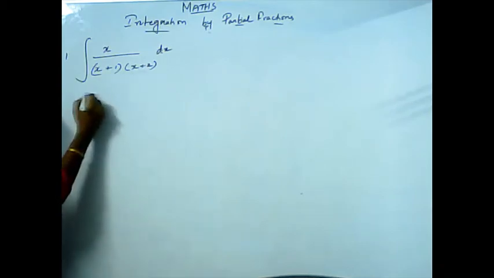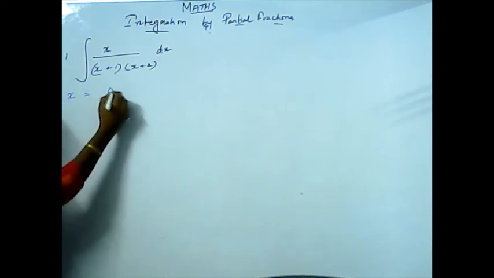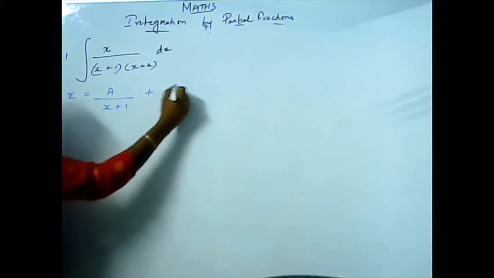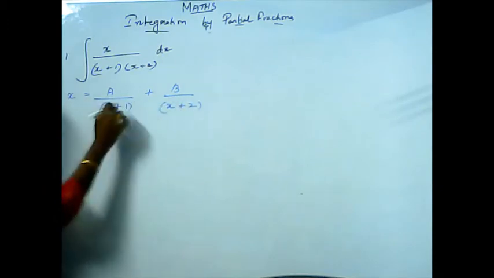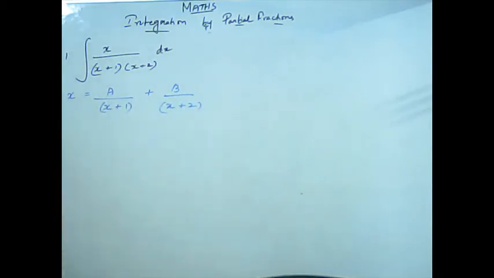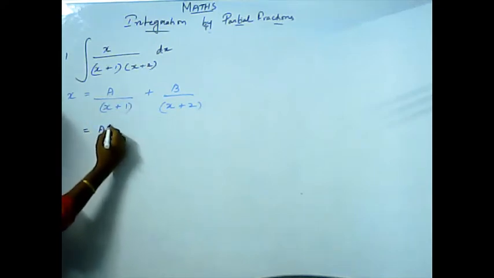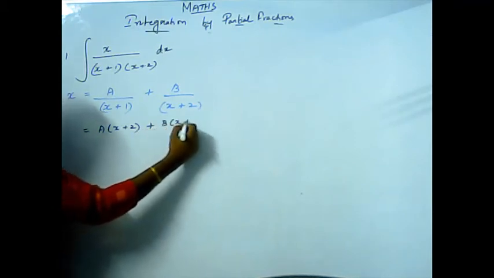So this can be rewritten as A by x plus 1 plus B by x plus 2. And when you take the LCM, it is A into (x plus 2) plus B into (x plus 1).